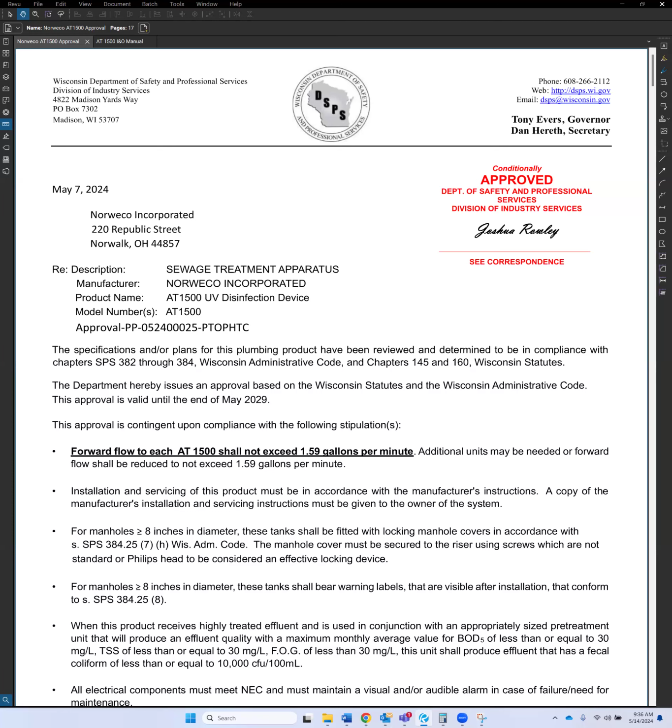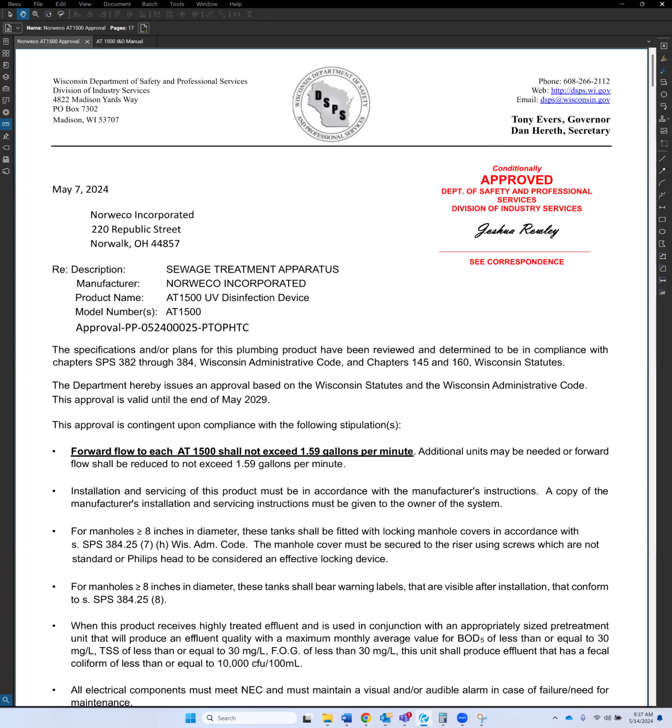Another question here. How do you ensure that we don't exceed the 1.59 gallons per minute? Once the bulb is installed, they're going to have to do a flow rate through that device, and you'll have to measure the output that's coming through the bulb. So the plumber has a 5-gallon bucket, and you can measure and time it for 30 or 60 seconds, do the math and see what your output is.